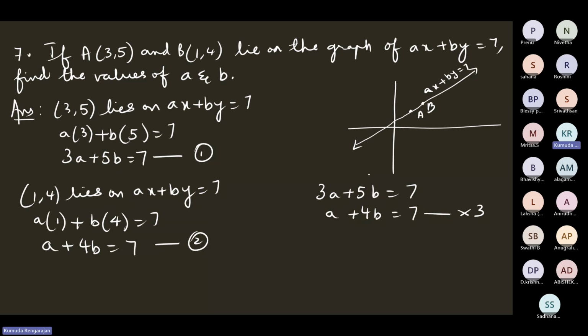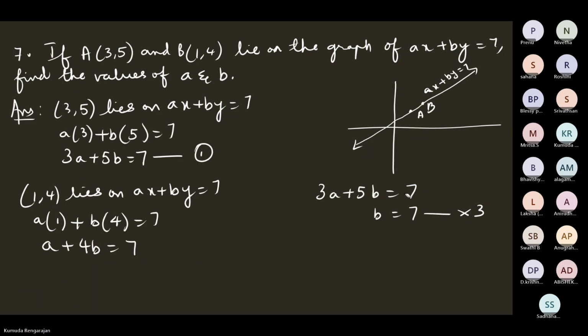So the equation is still balanced. So why do we multiply the second equation by 3? Because then it will become 3a. So 3a in the first equation, 3a in the second equation. That work you can do here itself.